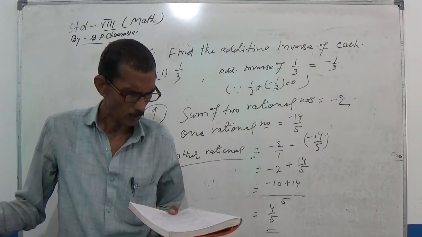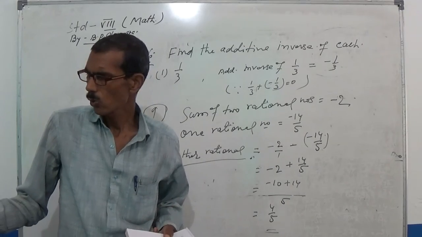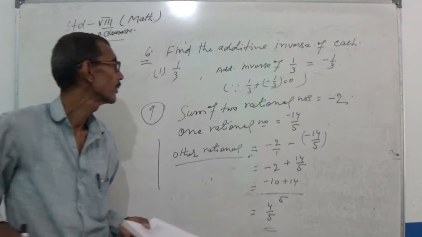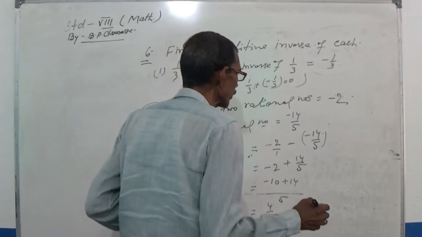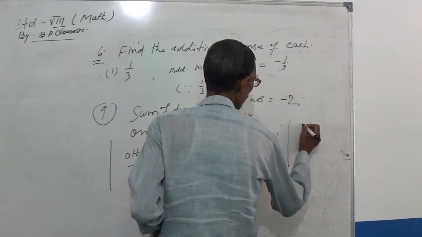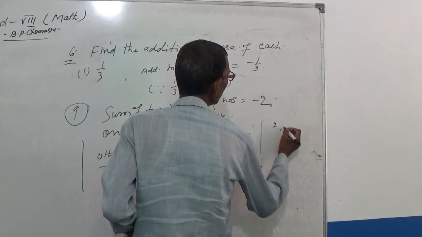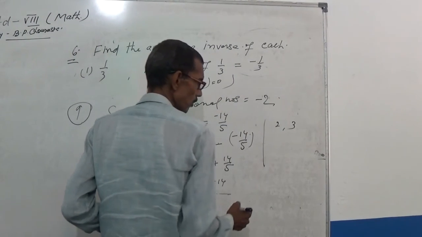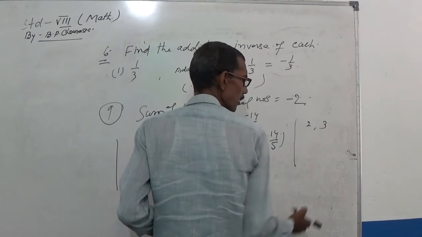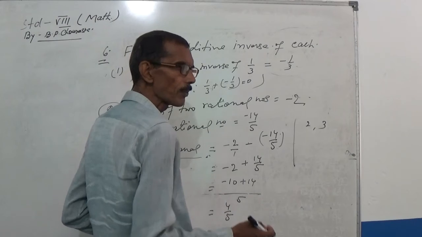Is subtraction commutative on rational numbers? No, subtraction is not commutative in the collection of rational numbers, because suppose 2 and 3 are given, two rational numbers. 2 means 2 by 1, 3 means 3 by 1.